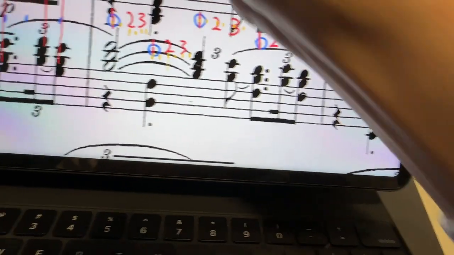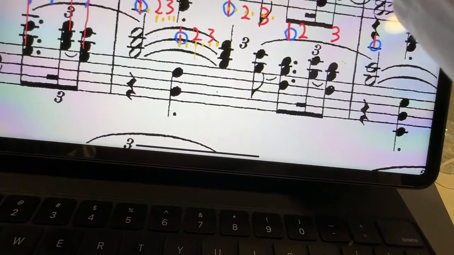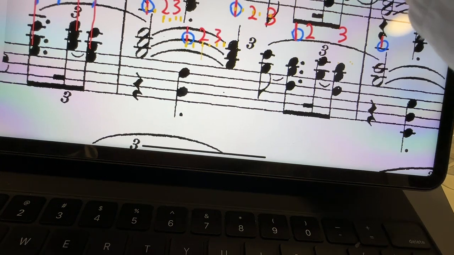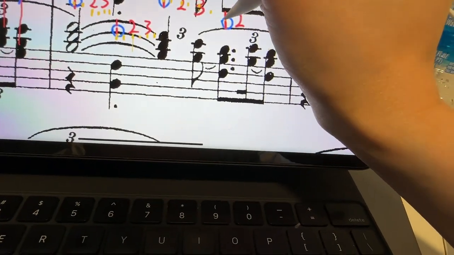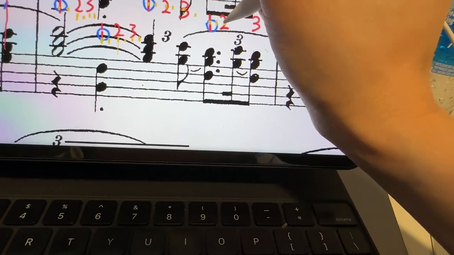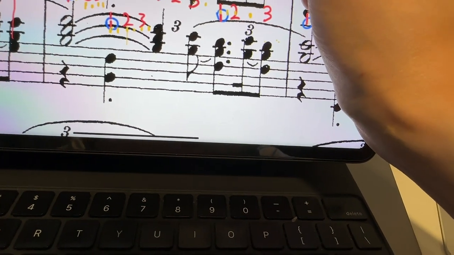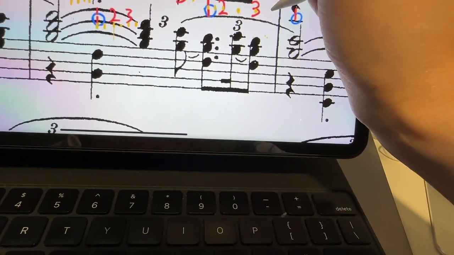This could probably be a bit further along. I'll see if I can fix it in a moment. Then we got 2 dots here. This one will actually match up right here. And then like this.